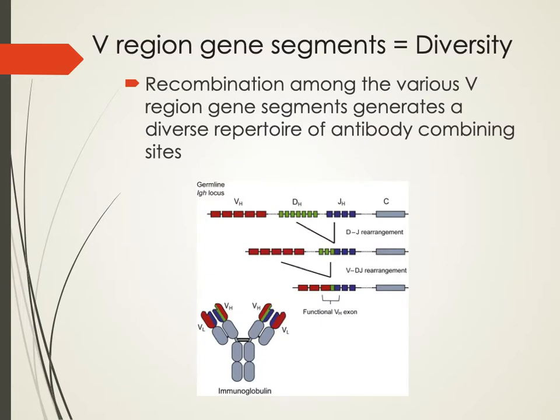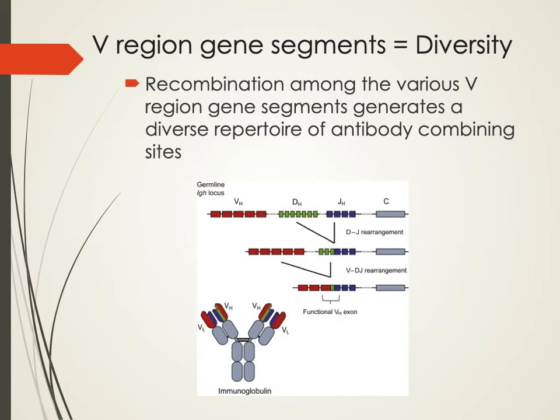And so the variable region of the gene segment allows for diversity, and so there's that recombination that occurs with the various V region gene segments, and that's what's going to give us the diversity of that antigen binding site of that variable region.